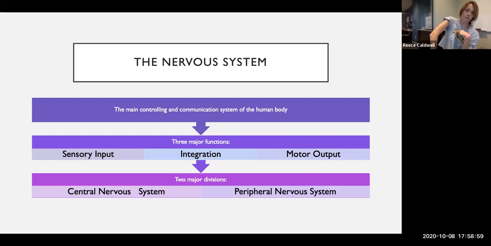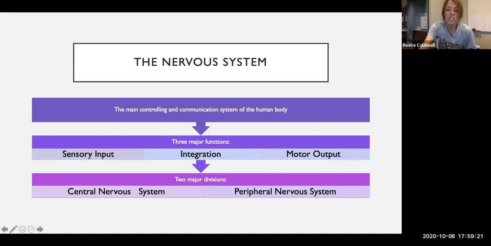Integration is that sense being sent to the spinal cord and then to the brain, and my brain integrating, oh wait, we're scared of bees. And motor output is an impulse sent to my biceps to pull my arm away. So motor output's the action, sensory input is the sensing, and integration is just deciding what to do with it.